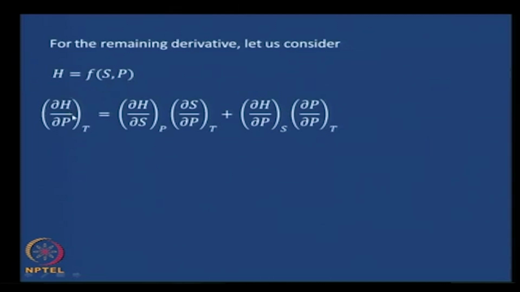Now, if you take the partial of that with respect to P at constant temperature, ∂H/∂P at constant T, this is the quantity that we need, is ∂H/∂S at constant P, which is the first term that came from the previous total differential writing, times ∂S/∂P at constant T, plus ∂H/∂P at constant S, and here dP would be there. You take the partial derivative ∂P at constant T. Very easy to see that this goes to 1.